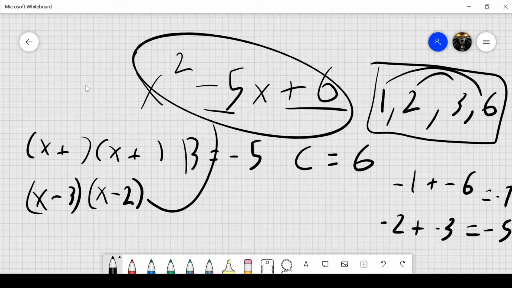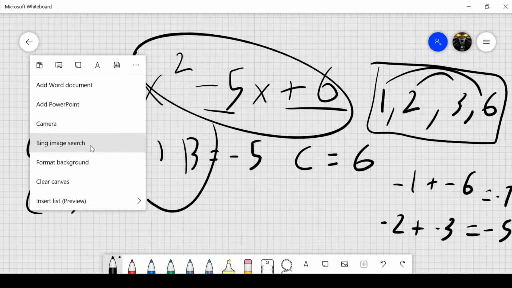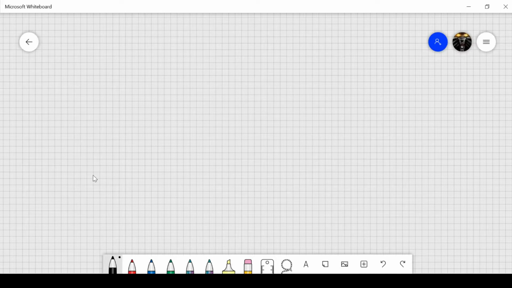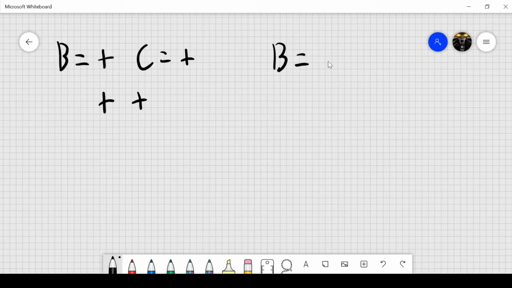All right, so let's switch it up a little bit. Let's talk about the signs of C. It's a pretty easy little chart. When B is positive and C is positive, both factors are going to be positive. When B is negative and C is positive, both factors are going to be negative.